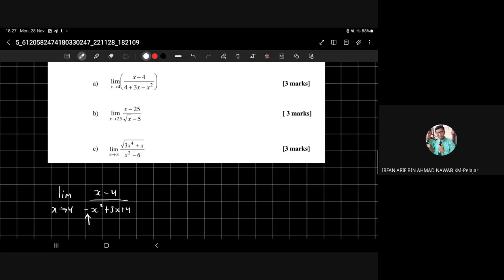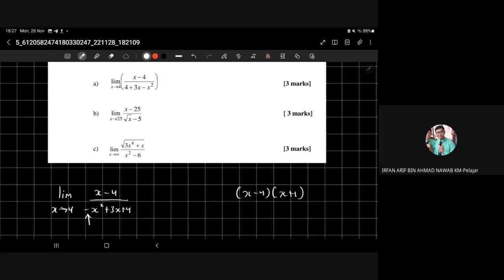Just put in -1, 3, and 4. You will get x minus 4 times x plus 1. If you expand this factored form, you will get x squared minus 3x minus 4. The question is, is it equivalent? No, right?